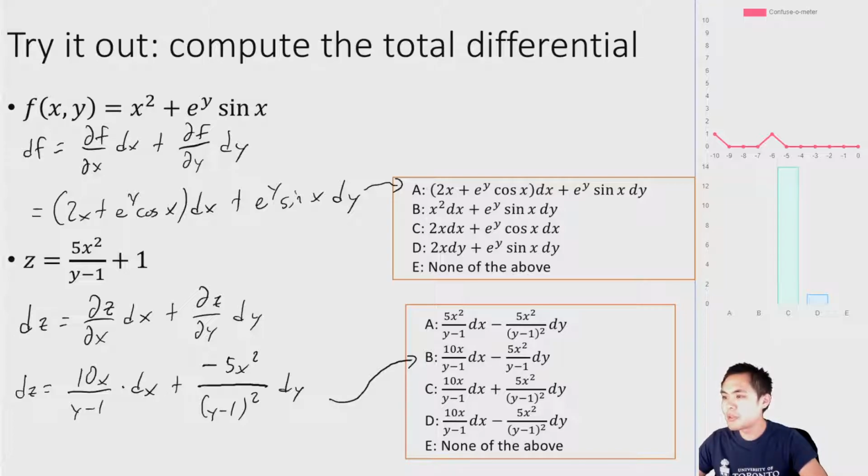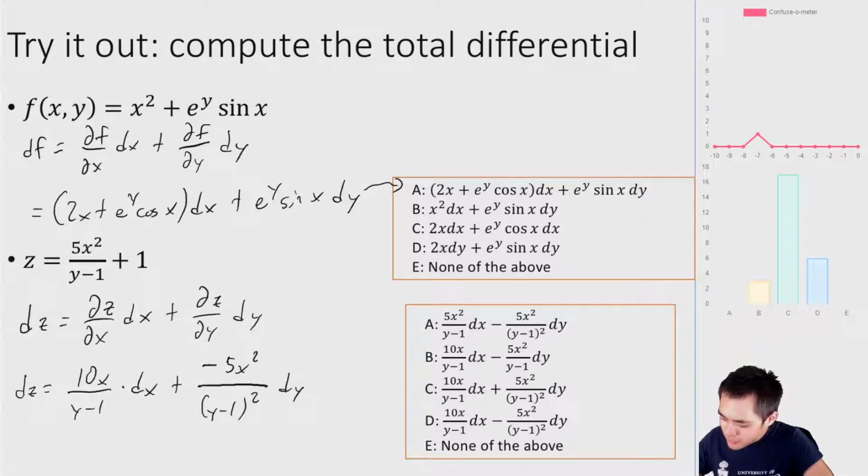Unless I did something really wrong, since it looks like everyone else is getting answers that are slightly different. So let's see, 1 over y minus 1, so that's y minus 1 to the minus 1, minus 1 over y minus 1 squared. So that's minus 5x squared. Oh, no, it's not B, it's D, because I just looked at them wrong.